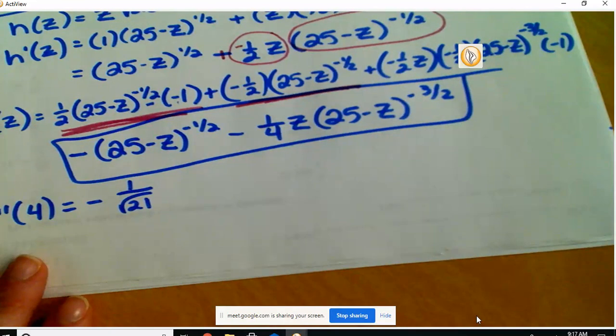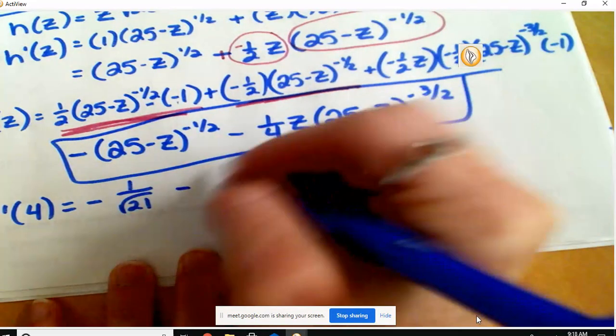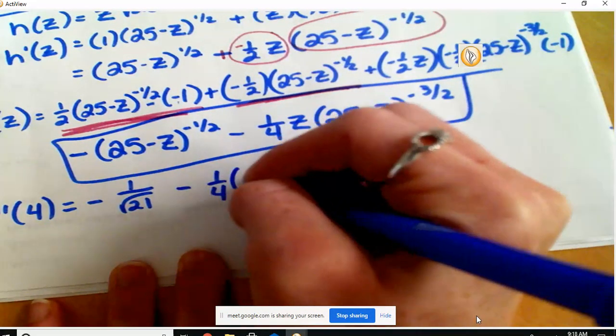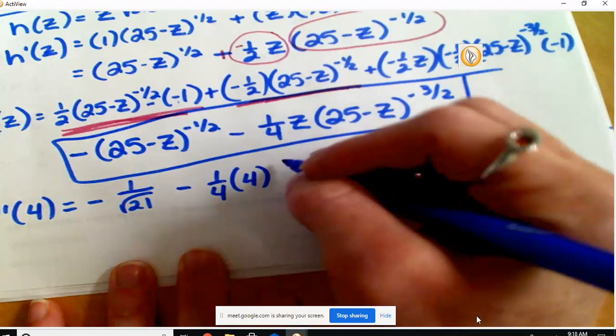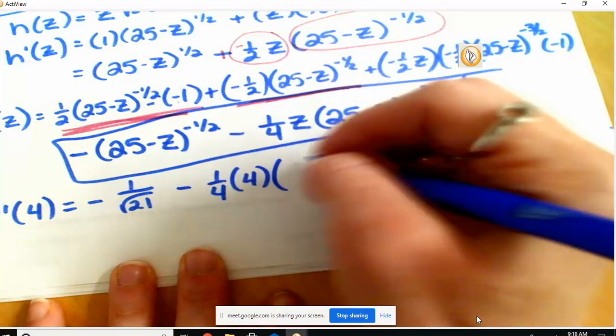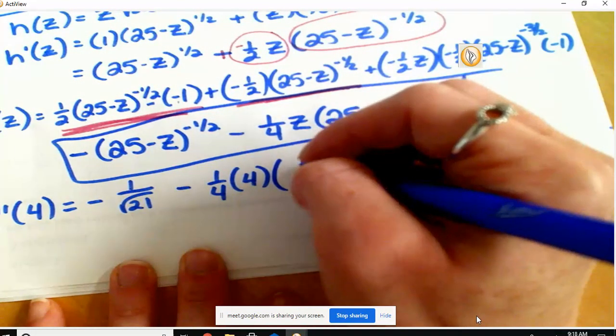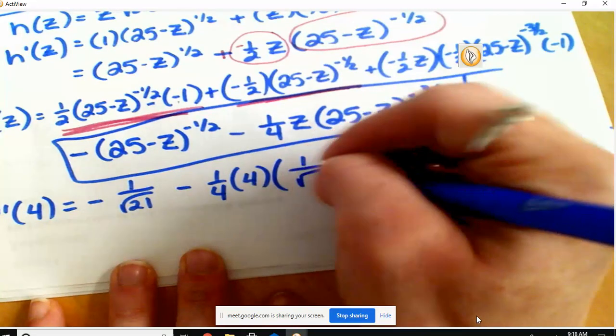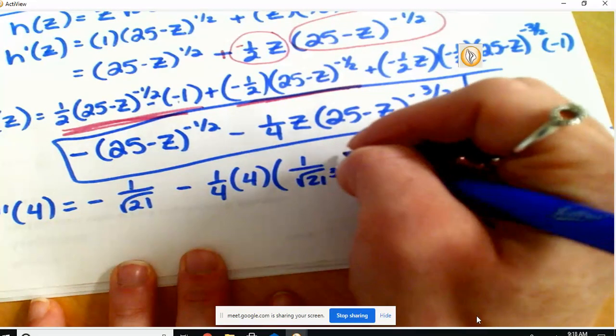The negative puts it on the bottom, the 1/2 makes it a square root. Minus 1/4 times 4, 21 to the negative 3/2. So that would be 1 over the square root of 21 cubed.